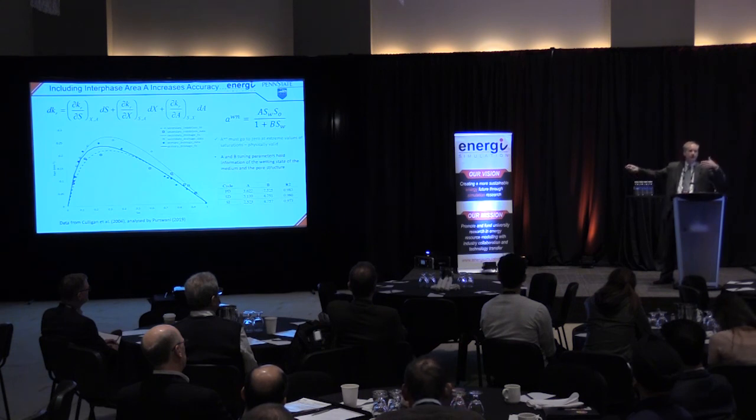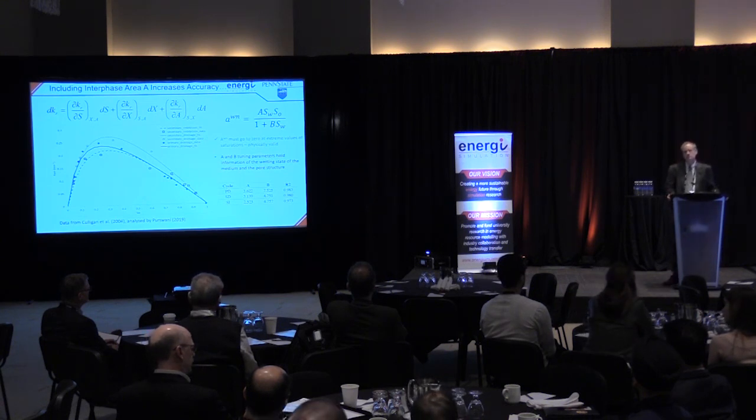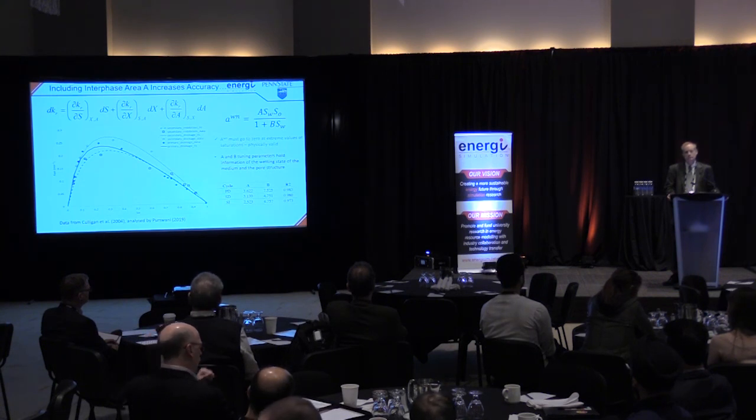With 3 phases, I have 3 of these equations. In contrast, if instead of starting with fixed KR functions, we start with the derivatives, then it becomes much more natural to look at things like hysteresis, path dependence. Yes. Because if I have KR as a function of saturation, there's no such thing as hysteresis.